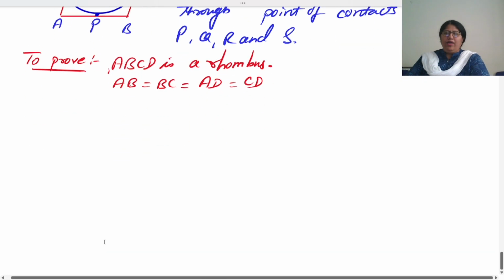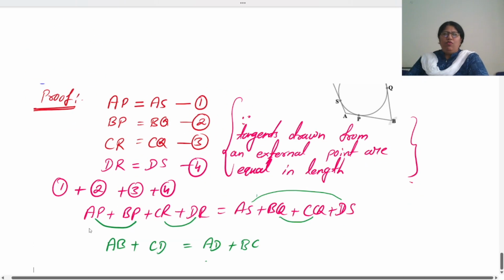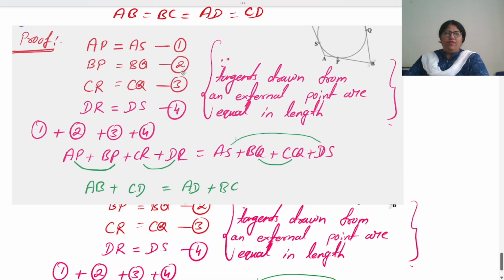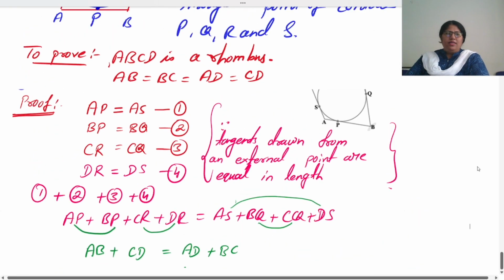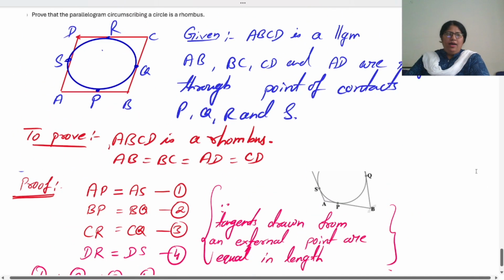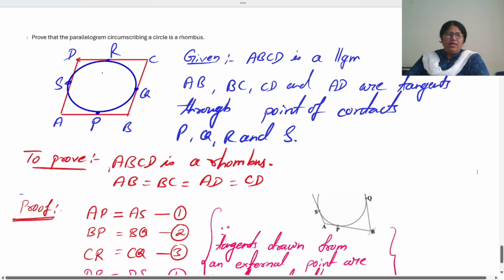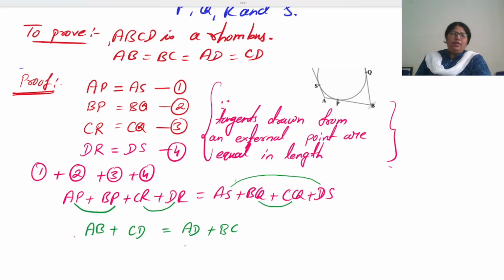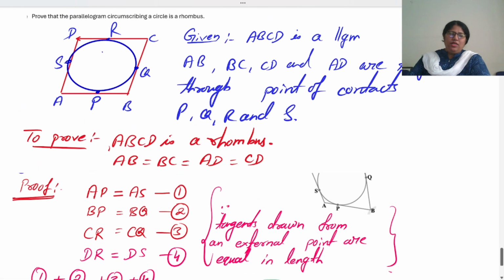So the same proving I am going to do that we have done for the above part. You have seen how we do the proving of that. So till here it is the same, right? I can take AP equals to AS, BP equals to BQ, and I'm going to add the four equations. After reaching this, now because it is a parallelogram, AB will be equal to CD.